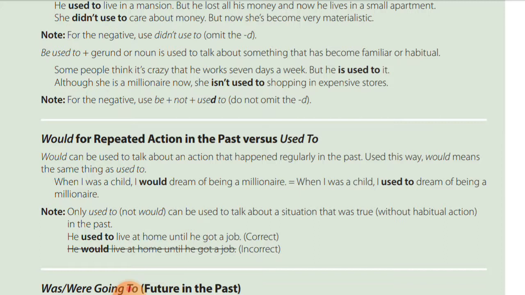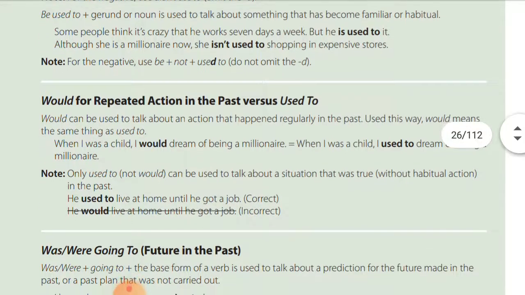Note that we take out the D of used to to return the verb into the infinitive form because of didn't. If we have didn't in front of the verb, it will be in the infinitive form. Note, for the negative, use didn't, use to, omit the D, as we said.